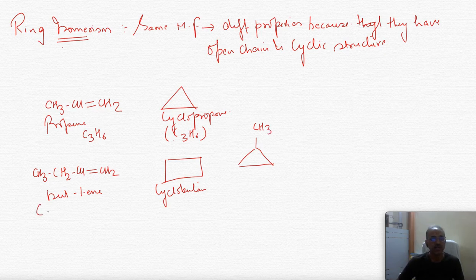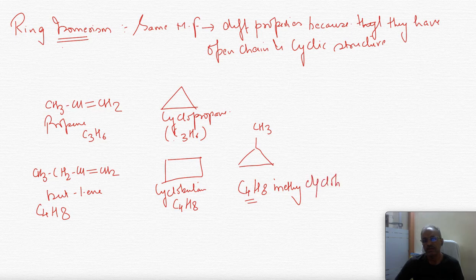This is C4H8. This is methyl cyclopropane, we can say methyl cyclopropane. Fine, this was cyclobutane. We'll take the last example in this case.